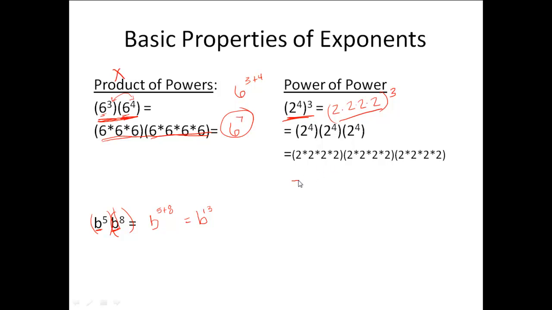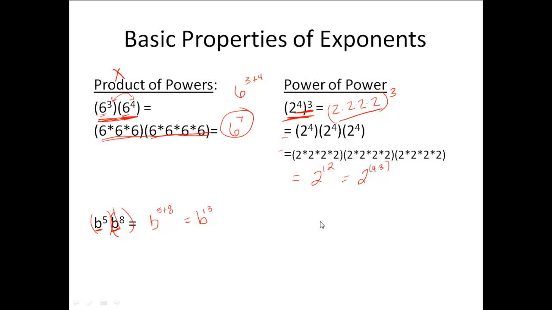So I'm really going to end up with 2 to the 12th. Well, if we look back at the numbers we started with here, the 3 and the 4, we can get a 12 from those without having to write out all this stuff in between by multiplying them. So when we have a power of a power, we multiply our exponents. So we would have had 2 to the 4 times 3, which is how we got our 12th.